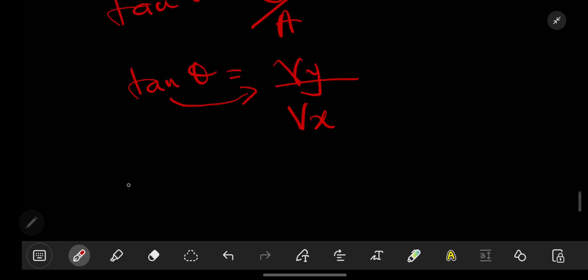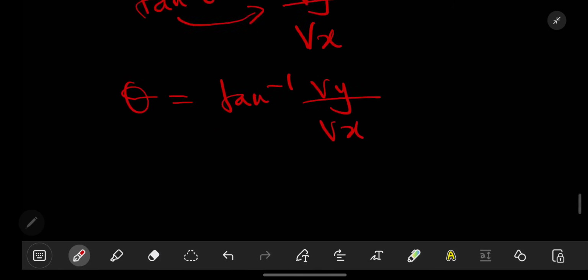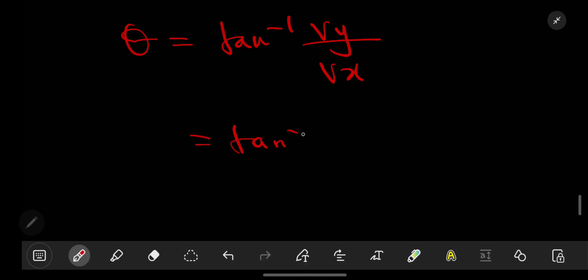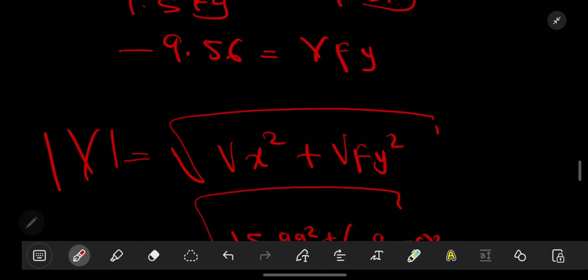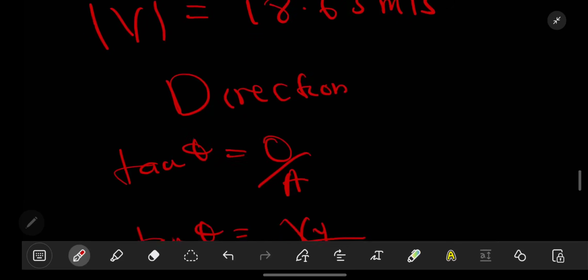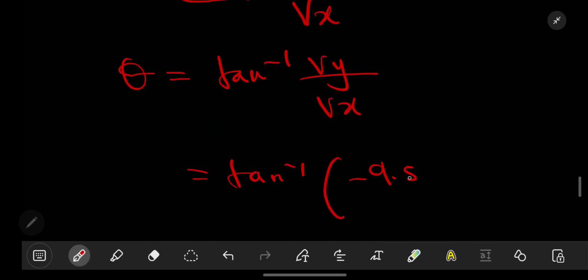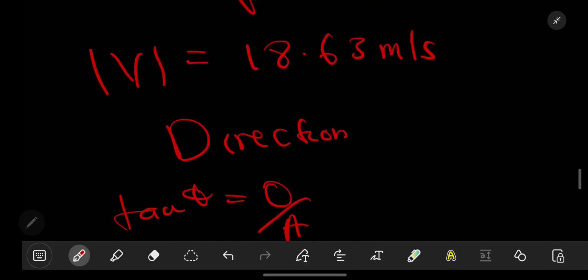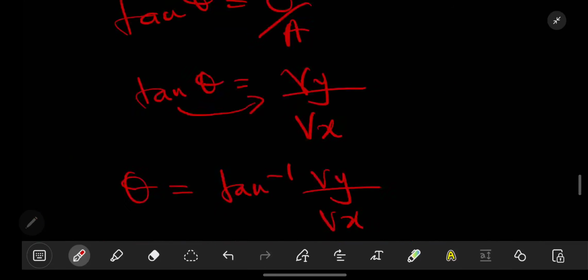So theta should be equal to tan inverse of vy over vx. The value we found for vy was negative 9.56, over vx, which was found to be 15.99.